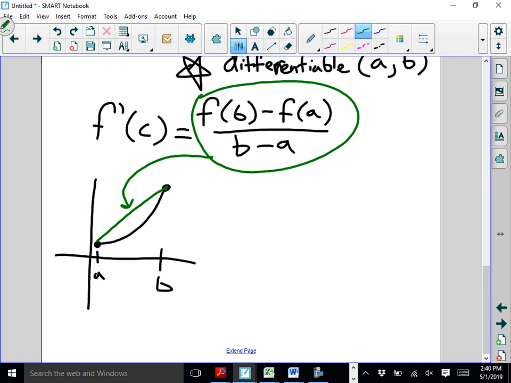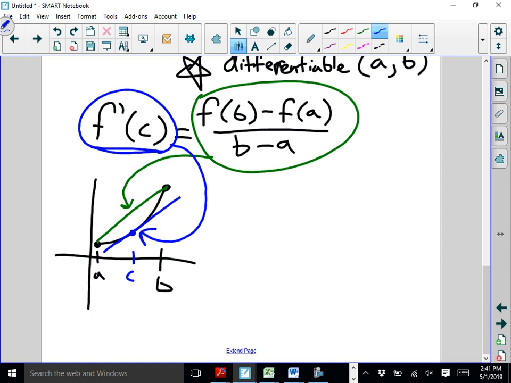That is the slope that connects the two endpoints. F prime of c is saying that somewhere in here, maybe right here, there's a tangent line whose slope is the same slope as the average rate of change. That's what the mean value theorem is saying.